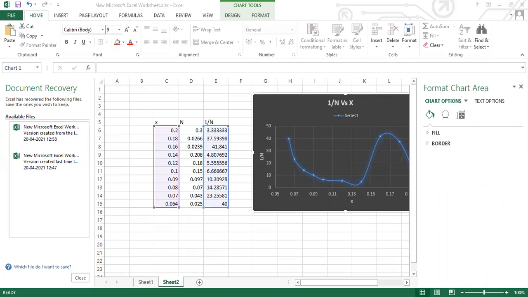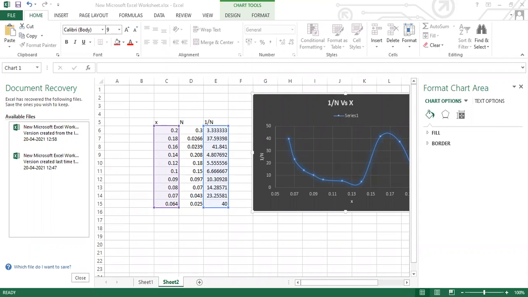Yes, we are getting a very good curve. Now we have to take a limit, from 0.20 to 0.064. So here we have one point.